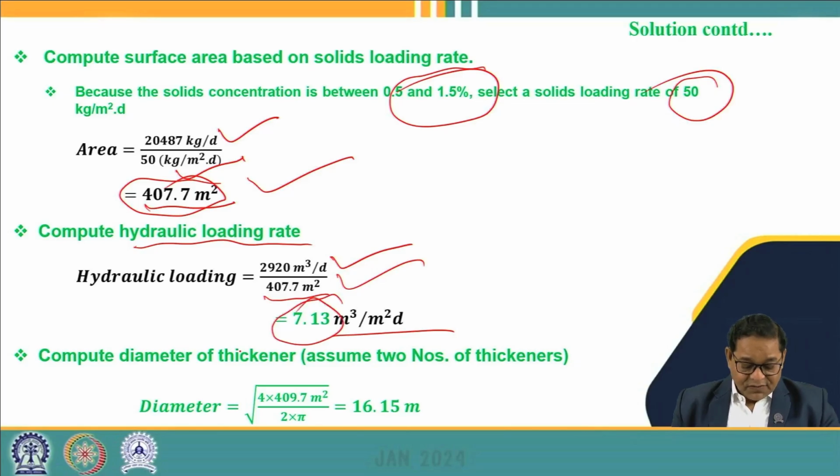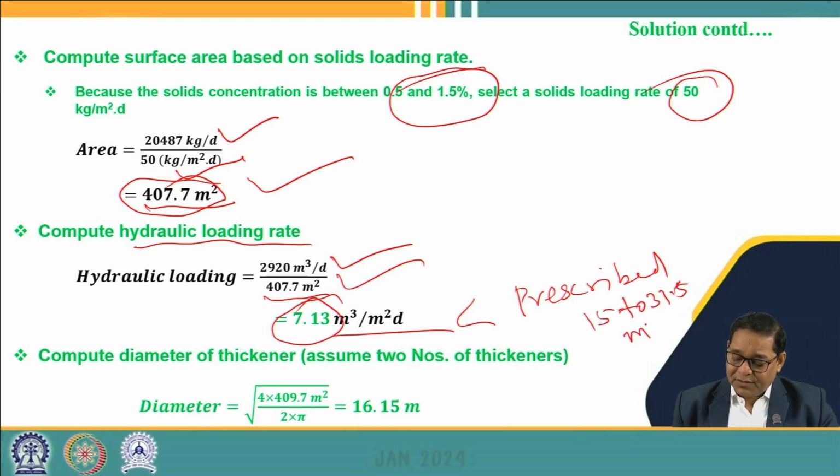So using this surface area, it is less than the prescribed range of 15 to 31.5 meter cube per meter square per day. Because this is less, to increase this hydraulic loading rate, we have to further reduce the area.